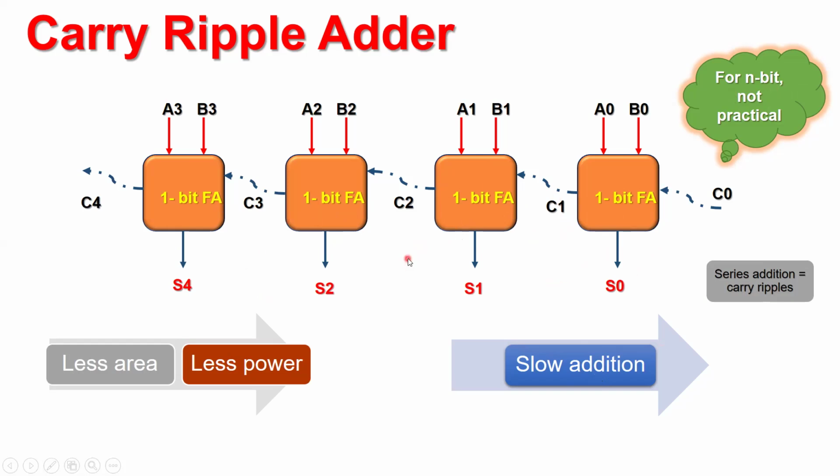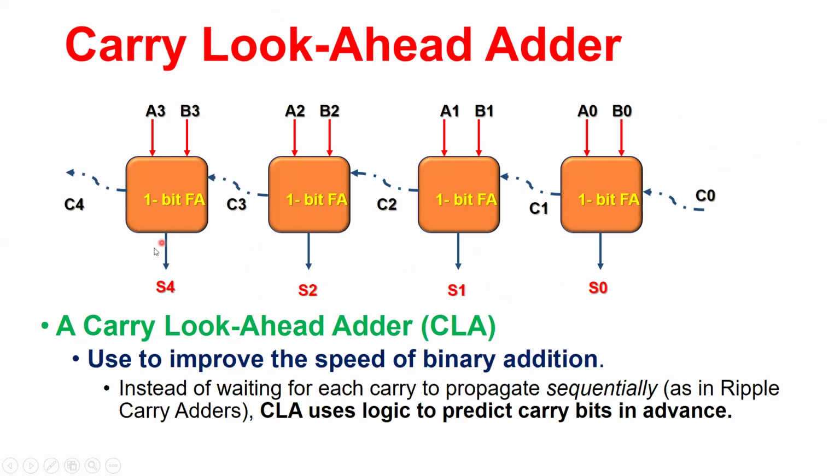So how do we solve this problem? The problem can be solved by using another, modified logic called carry look ahead. We'll see how this circuit will be transformed into the carry look ahead logic to improve the speed of the binary addition.